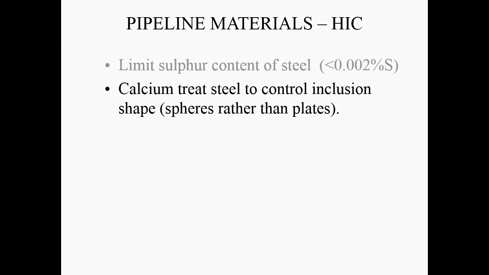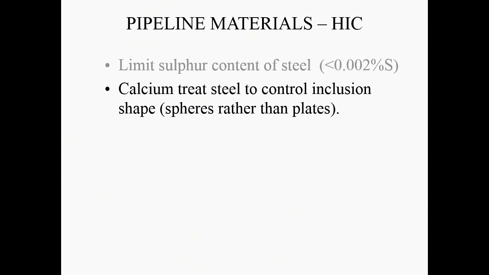We can calcium treat the steel. We can add a small amount of calcium metal into the molten steel in the blast furnace, and what that does is it changes the surface energy of the manganese sulfide in particular. So instead of ending up with long, thin plate-like inclusions, the inclusions remain round.